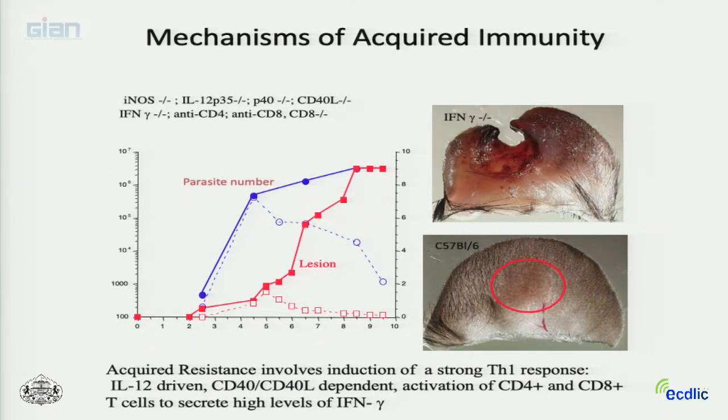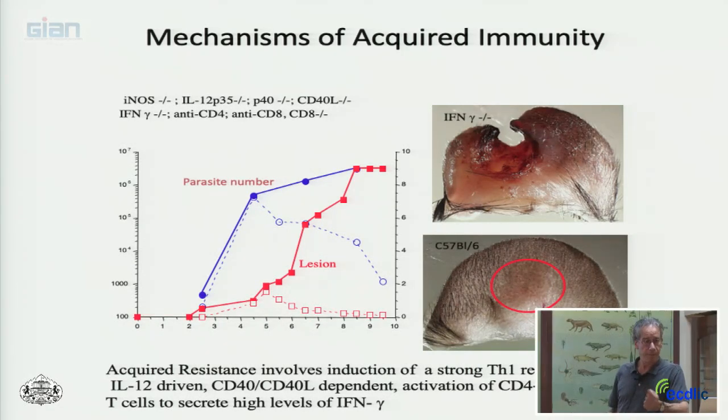That's a critical pathway for IL-12 responses, as we discussed a bit yesterday. And this leads to activation of both CD4 and CD8 positive T cells to secrete high levels of interferon gamma. So both CD4s and CD8s contribute to this acquired resistance.